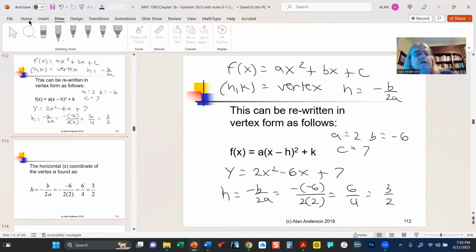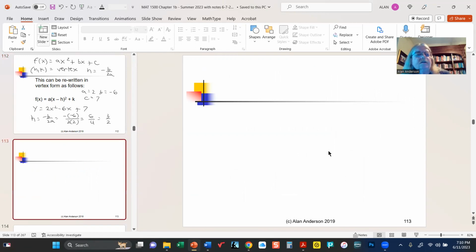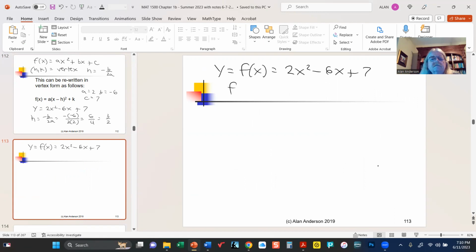Okay, so in other words, let's again write this down. Let me write it down as f of x this time because I want to make it clear that we're evaluating this. That's okay.